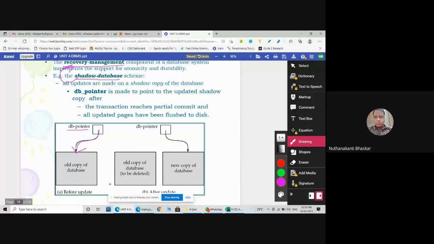For example, before updation, when no update is done, the pointer points to the old data. Now when one update comes, the database pointer points to the current updated data. If you update some other data, then it points to the current data, but it maintains the old data also sequentially. Are you clear?